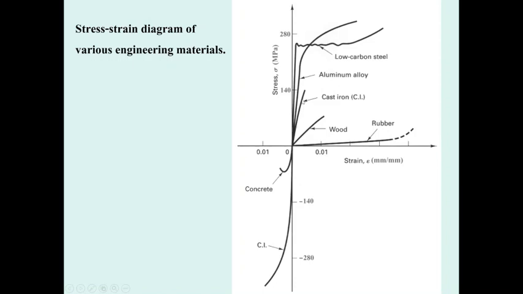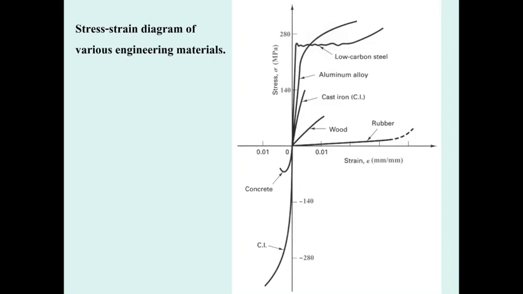And the cast iron is going to have about this. The wood about this, and the rubber about this. So if we see the first part of the graph, we can see that the rubber has the largest elasticity, and then the low carbon steel has the smallest elasticity.